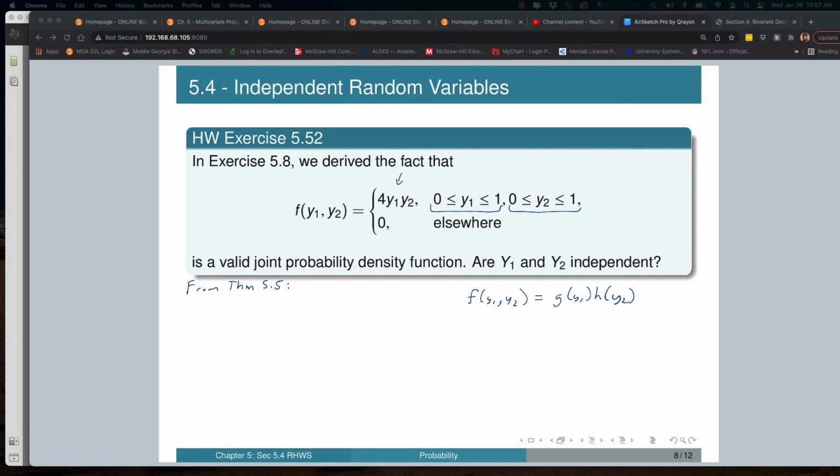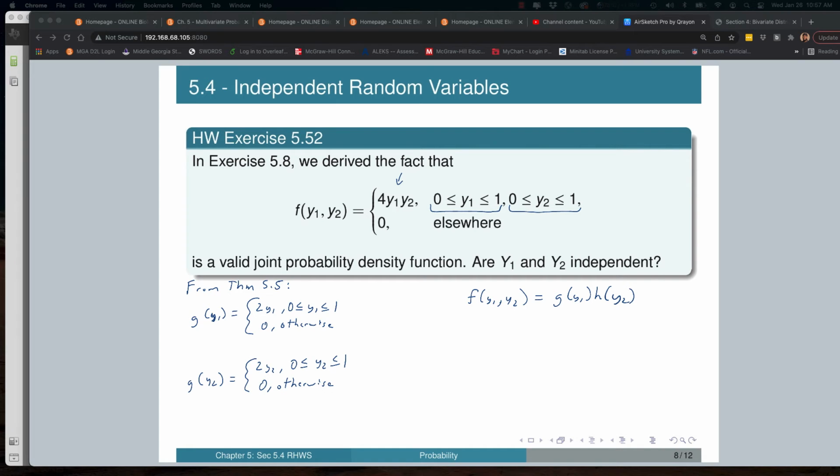Okay. And so from theorem 5.5, g of y sub 1 is going to be equal to the function, let's separate this up and call it 2y sub 1 for 0 less than or equal to y sub 1 less than or equal to 1 and 0 otherwise. And g of y sub 2 equal to 2y sub 2 for when y sub 2 is between 0 and 1, and 0 otherwise.